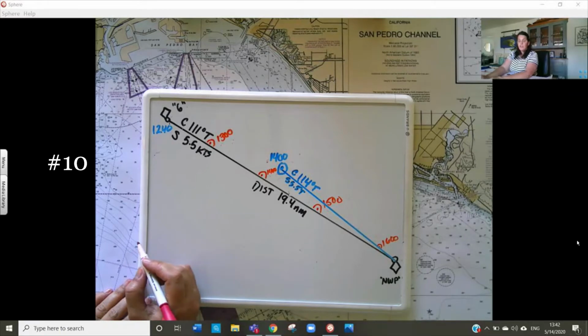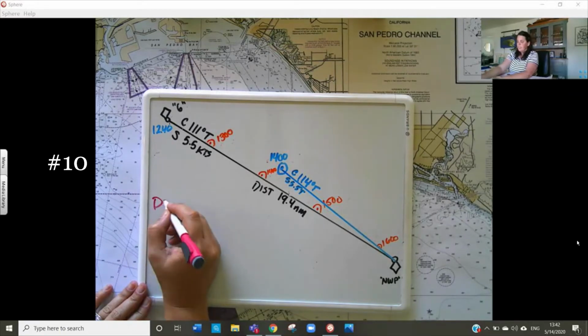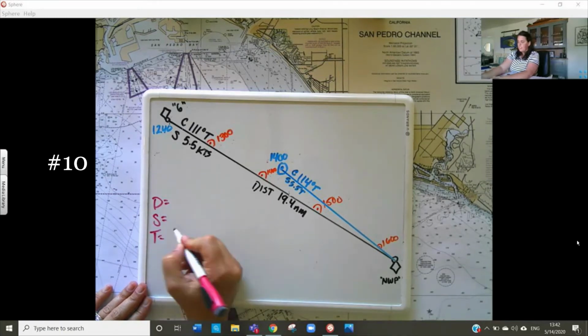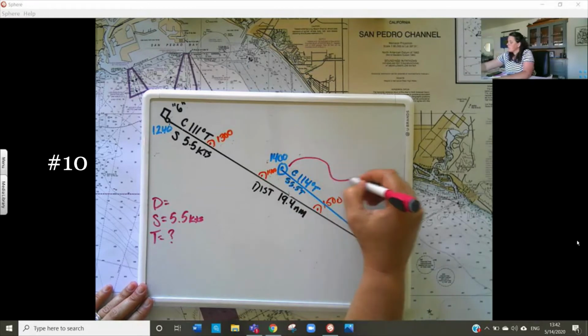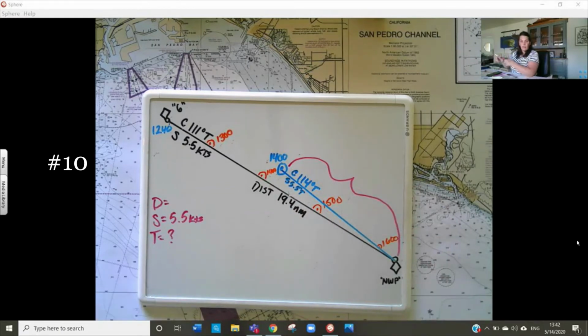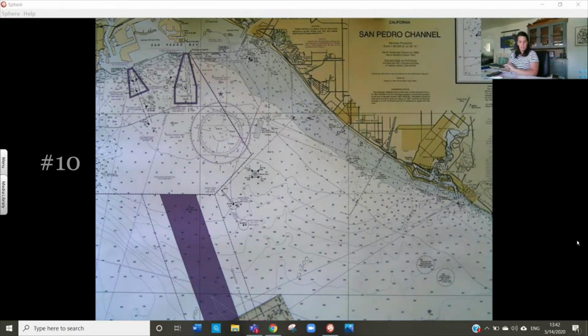So for a new ETA, we need distance, speed, and time. We're looking for an ETA, so time is our question mark. Speed is our 5.5, and distance we need to measure. What is the distance of the remainder of our leg? So our distance is pretty far, so I'm going to start with a 5.